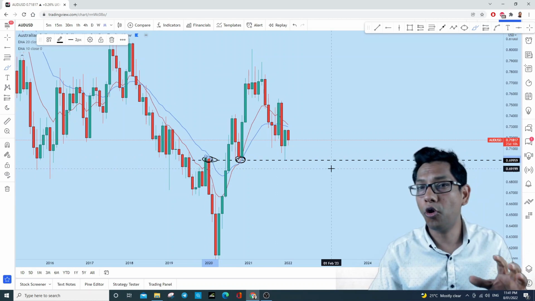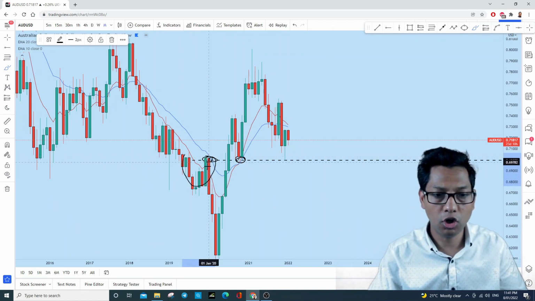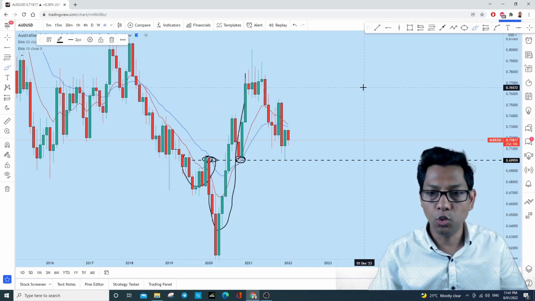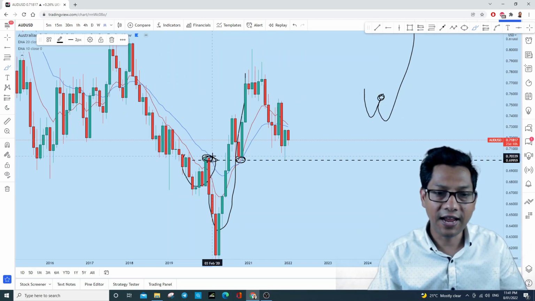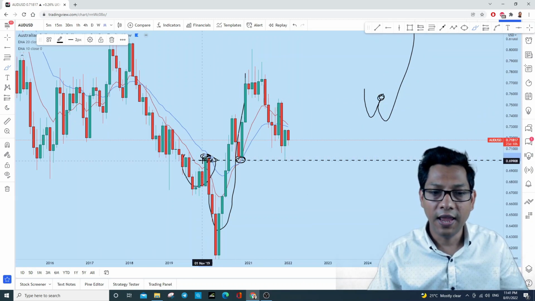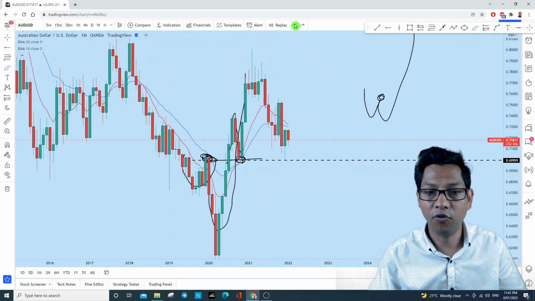Now these two points are very important, because there was a strong double bottom formation here. So the price went to the upside, created this double bottom. Now this is the neckline of this double bottom, and then the price broke this level, tested it as a support, and again the buyers bought from here.